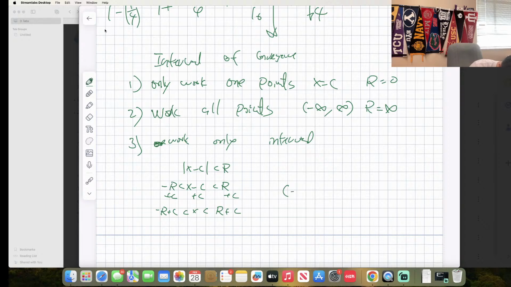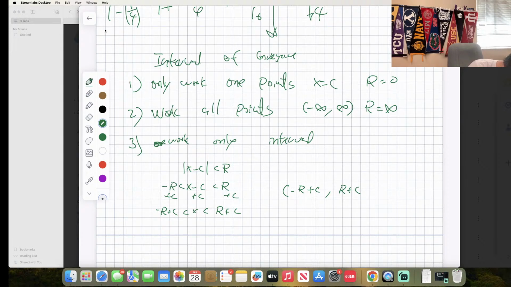That means your interval of convergence is going to work between -r plus c and r plus c. Now, that's an easy way to determine it. When you see x minus c, you usually know that the radius of convergence is how much it is from the center to the edge. You can tell from that term.